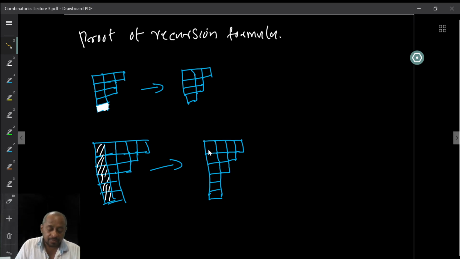So it's a partition of n minus k because there are k rows here, I have removed exactly k cells, and I get n minus k cells remaining. So it's a partition of n minus k into exactly k blocks. So that is the proof of the recursion. And these two cases are disjoint because these figures do not have this thing here, and therefore we can add them.